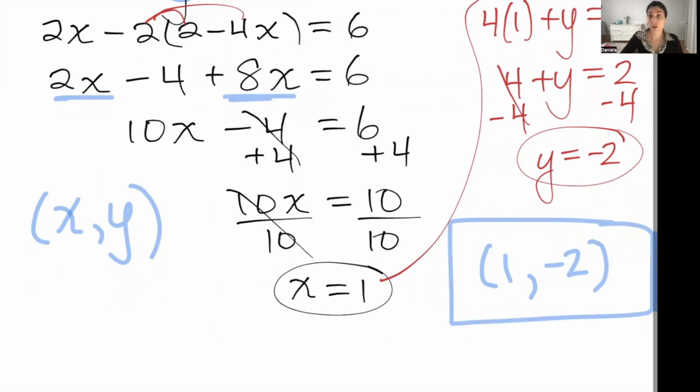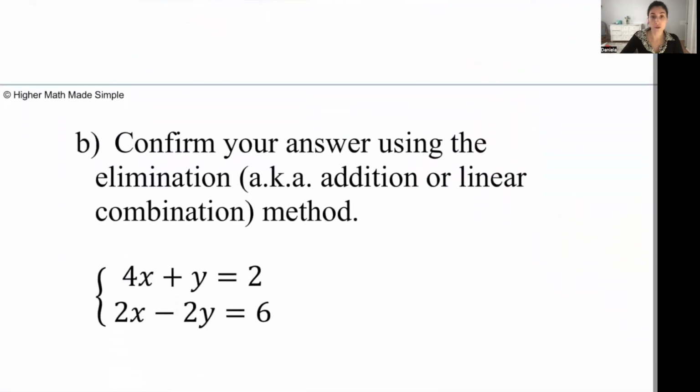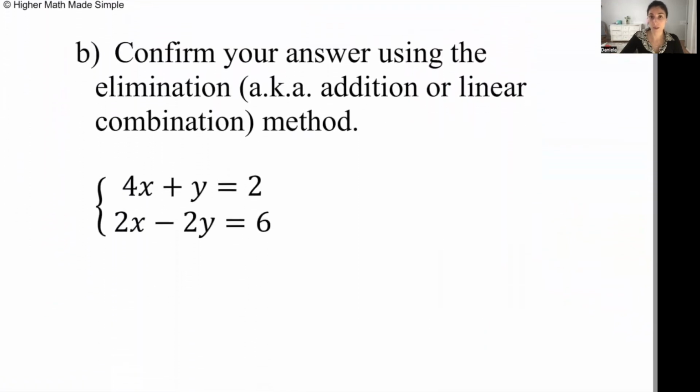So now we're going to confirm, we're going to get the same answer, but using a different method, okay? Depending on what teacher you have or what textbook you're using, the elimination method can also be called the addition method because you're going to be adding them together and we're looking for something to eliminate or cancel. Or you might hear the fancier version, it's also called the linear combination method, okay?